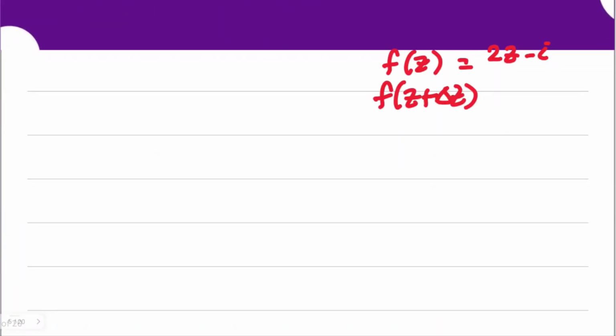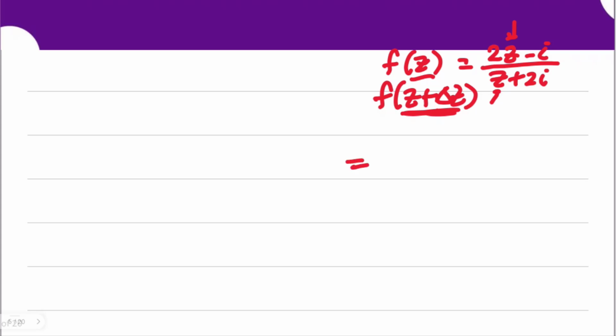Let's solve first for f of z plus delta z for our f of z given as (2z minus i) all over (z plus 2i). So what we need to do here is, instead of z for this given form, we will be substituting this entirely, this binomial expression.